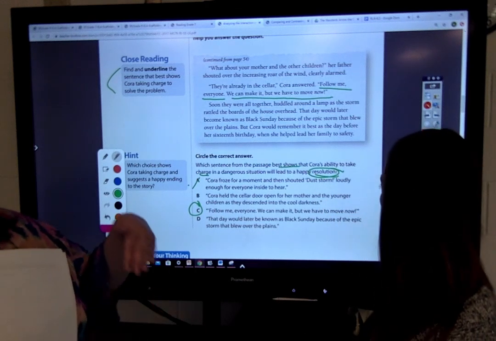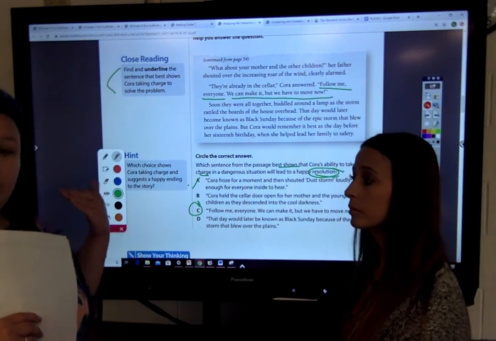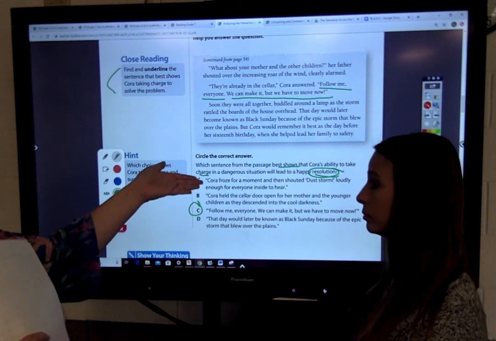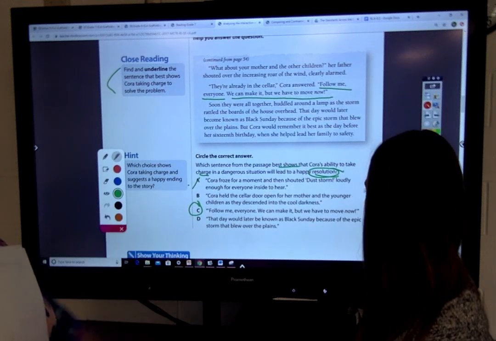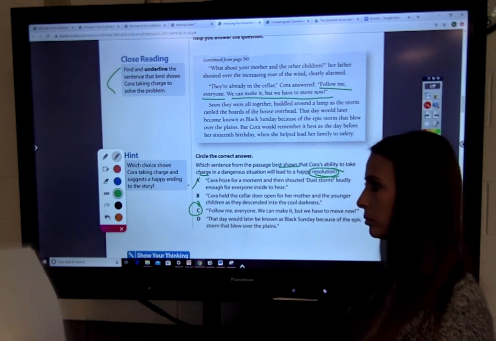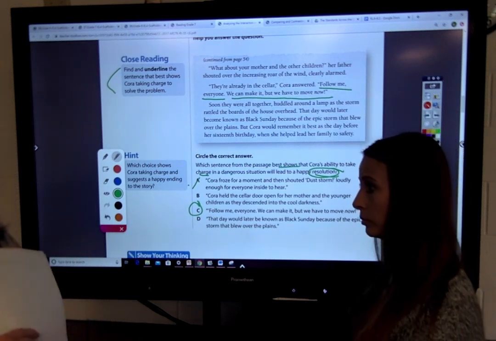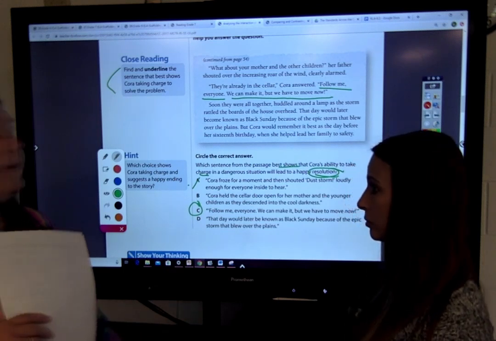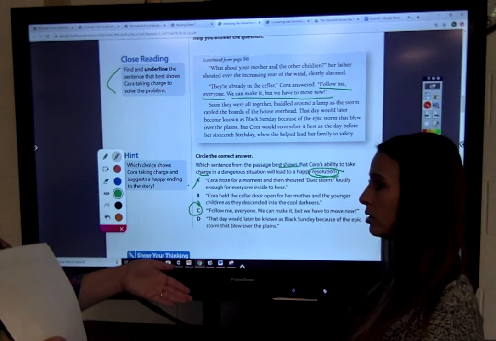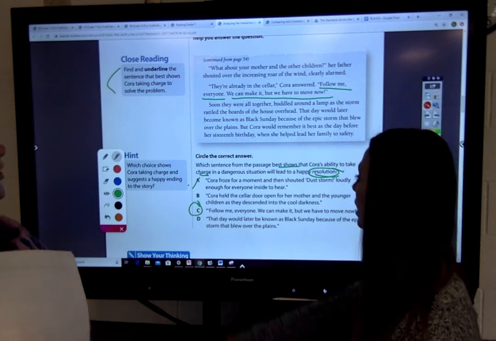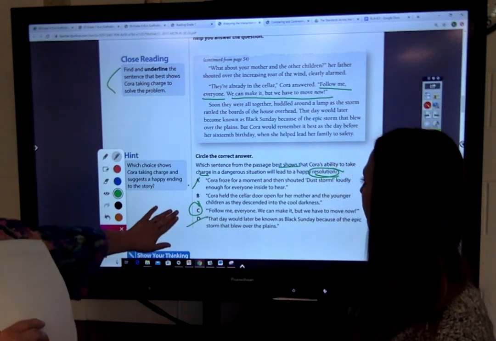Right. She's saying we can make it, we can do it, but we've got to do it now. So that would show the happy ending, but let's look at D. That day would later be known as Black Sunday because of the epic storm that blew over the plains. That's just a fact about the story. That doesn't show us a happy resolution or her taking charge. So the correct answer would be C.